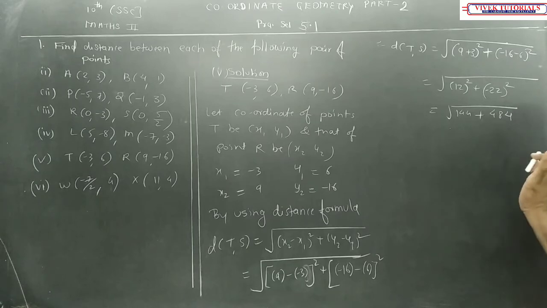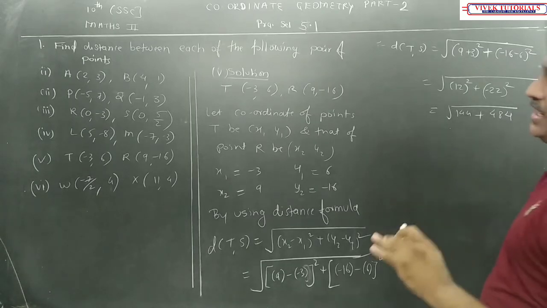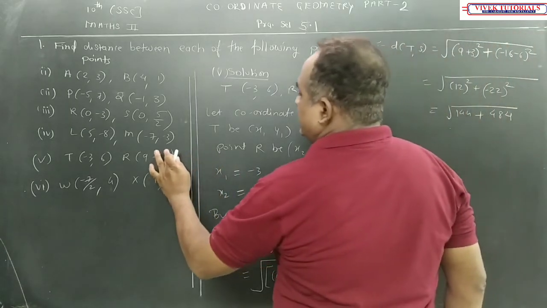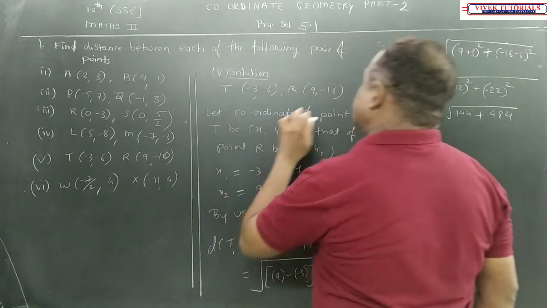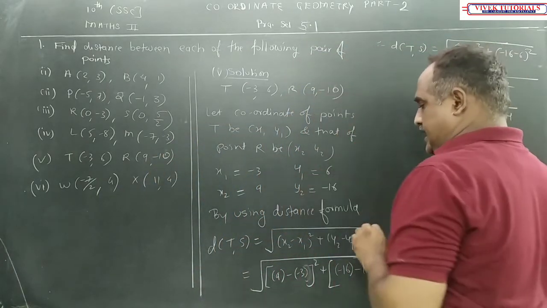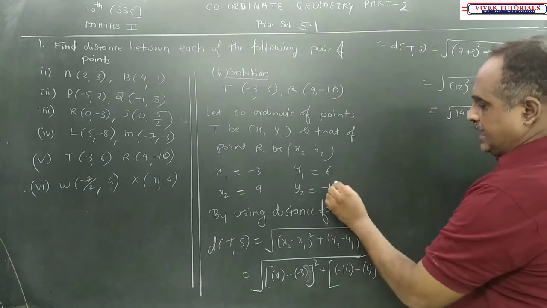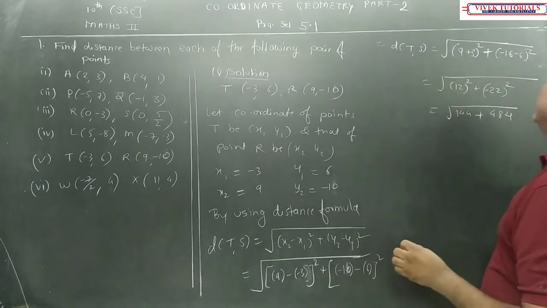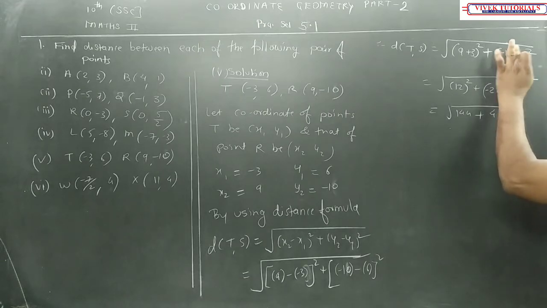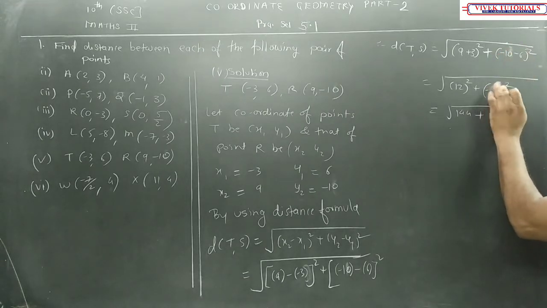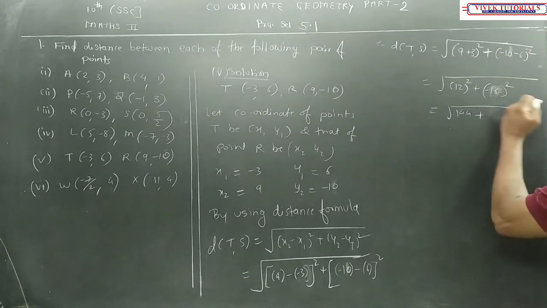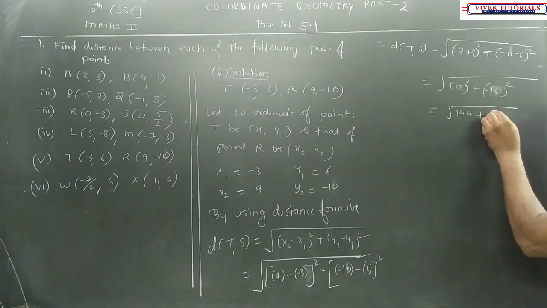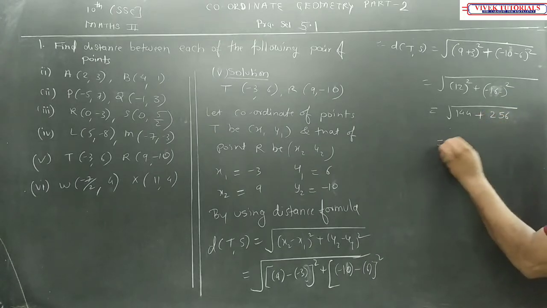Students, I have made a mistake. When I checked the answer, I should have written 10 where I wrote 16. This is 10. This is also 10. Now, if it is 10, that is 10 minus 6 is minus 16 square, and minus 16 square is plus 256.